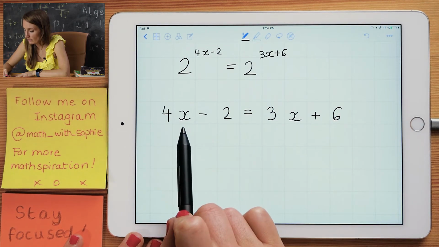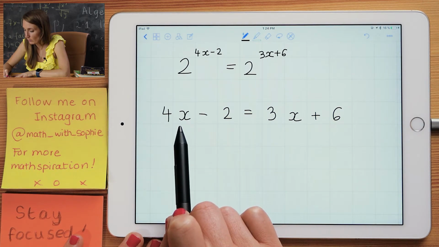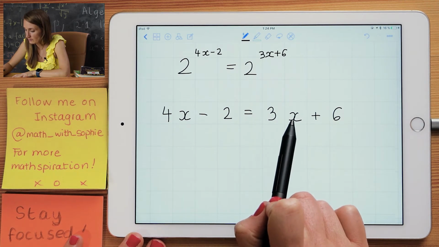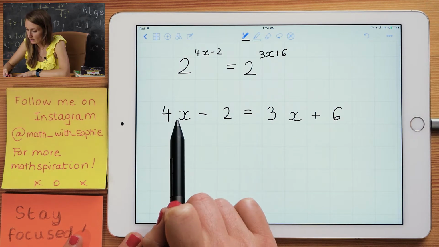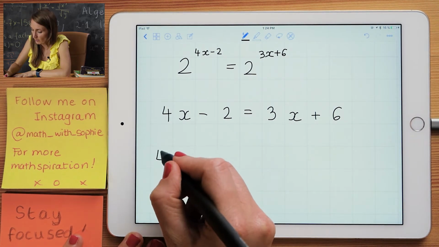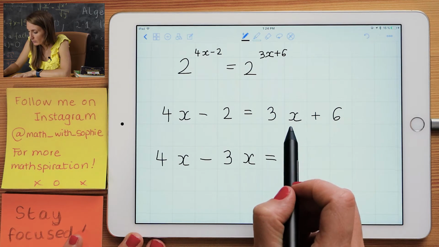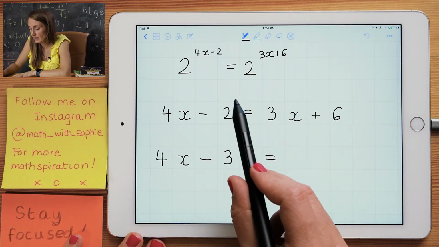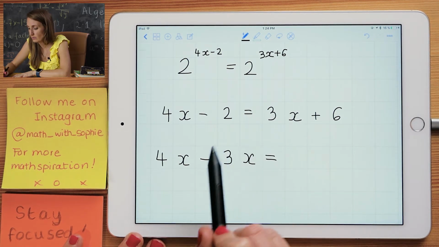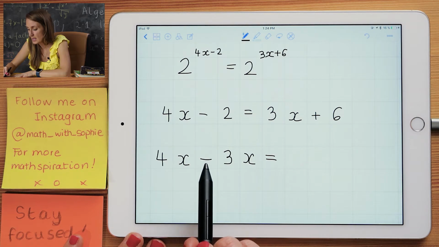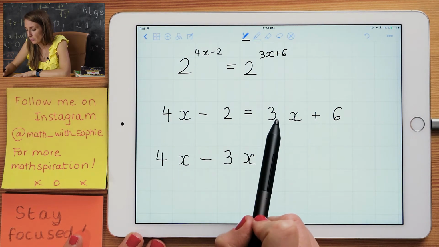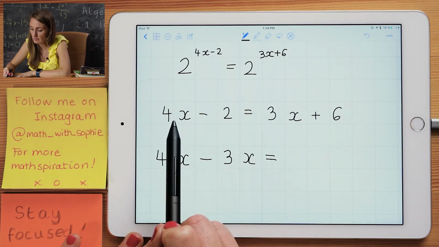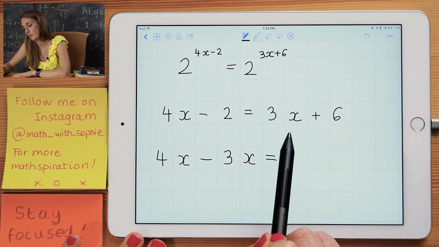So now I'm going to solve this linear equation. I'm going to bring all of the x's to one side. So I'm going to move this 3x to be on the same side as the 4x. Notice that when I bring it over the equal sign, I've changed it from plus 3x to minus 3x. And also, I brought the 3x to the side with the 4x and not the 4x to the side with the 3x.